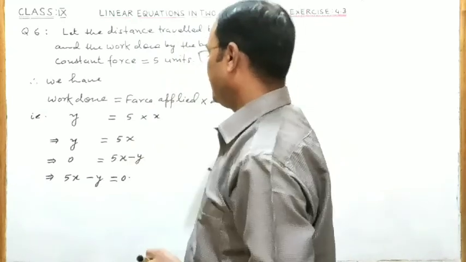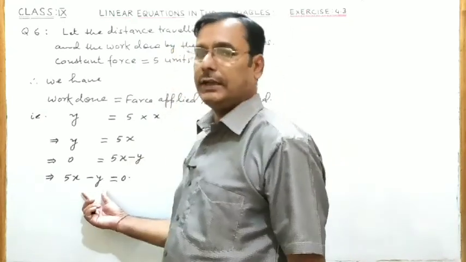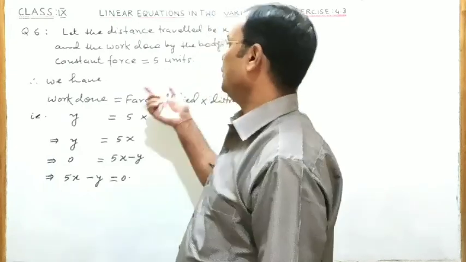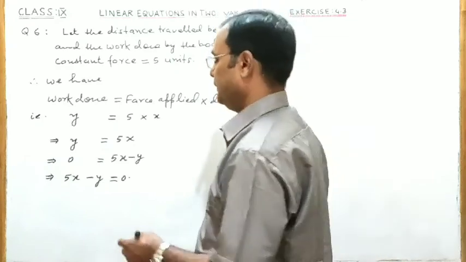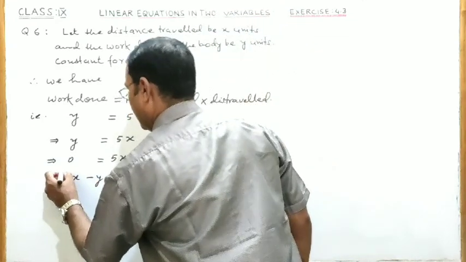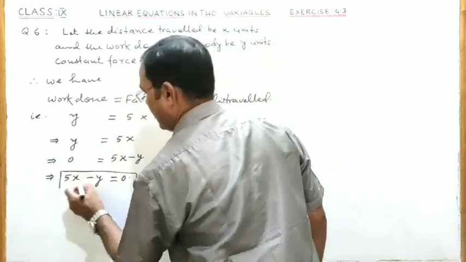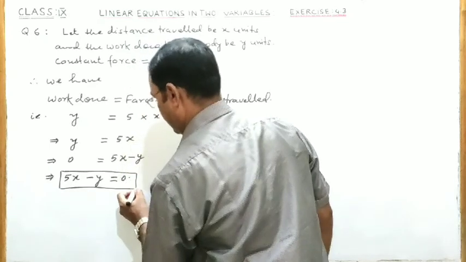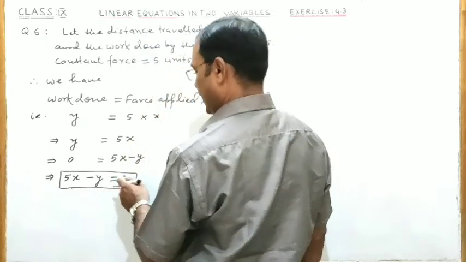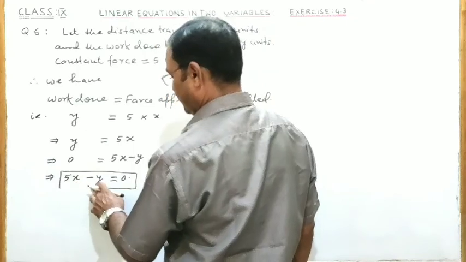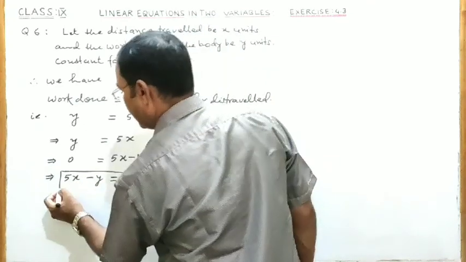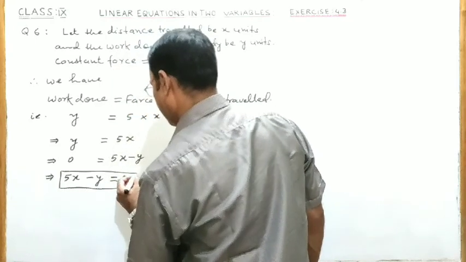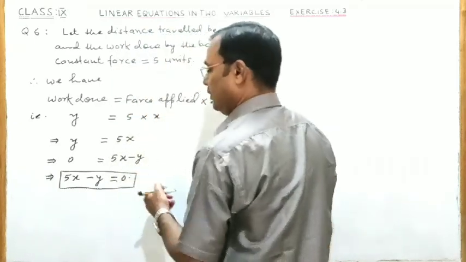And now this is going to be the required linear equation in two variables which represents the given information in the question. So this is the required equation, 5x minus y is equal to 0. Now we have to draw graph of this linear equation, 5x minus y is equal to 0.